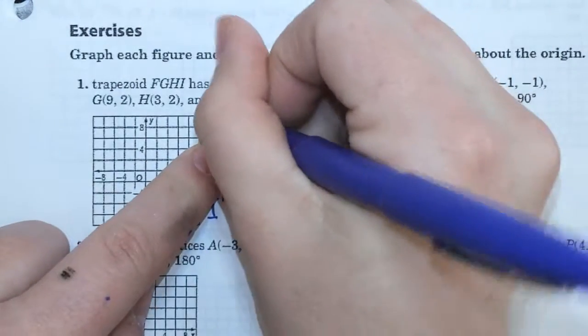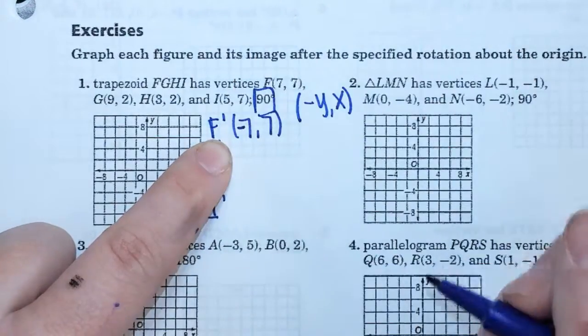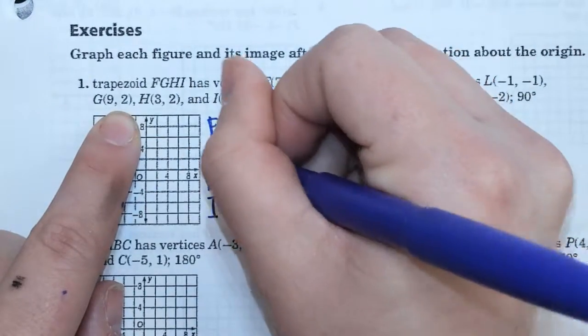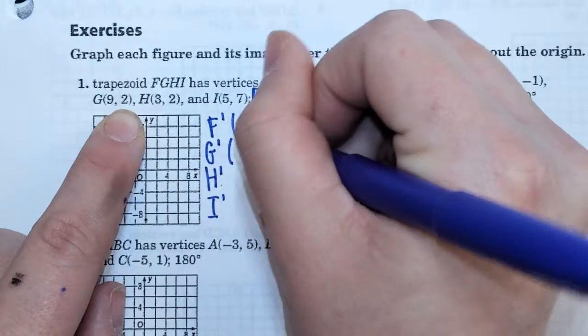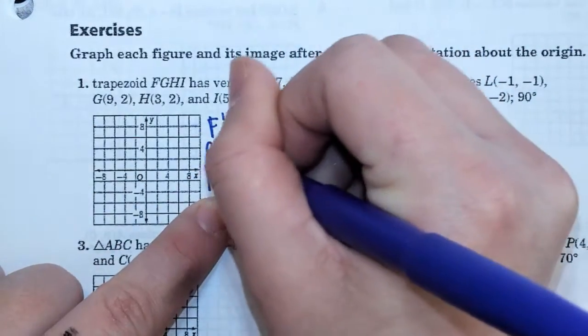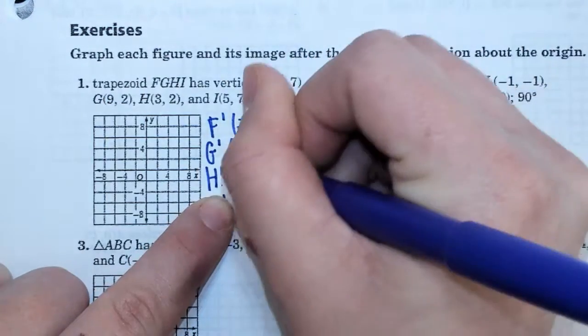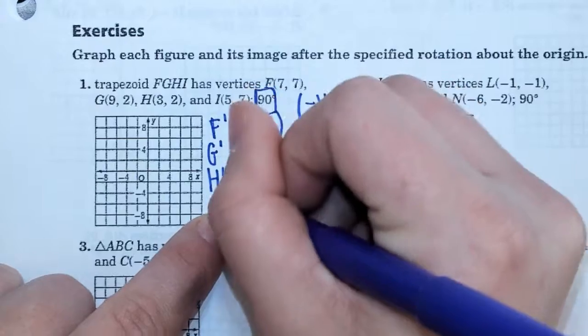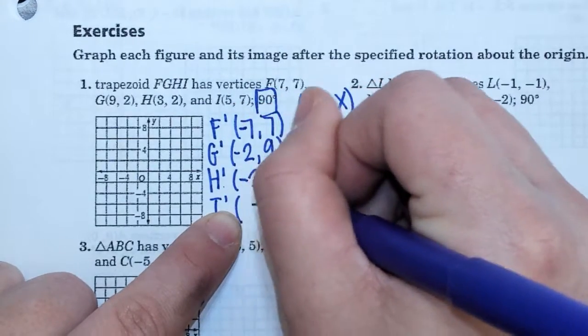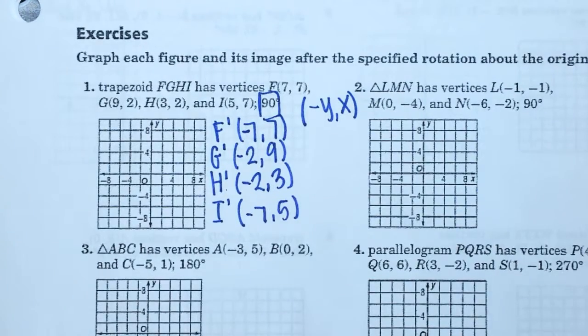So F becomes 7, 7. Well, it was positive, change it to a negative. G becomes 2, 9, but 2 was positive, so now it's a negative. H prime becomes 2, 3, but it was positive, so now it's a negative. I prime becomes 7, 5. It wasn't positive, now it's a negative.